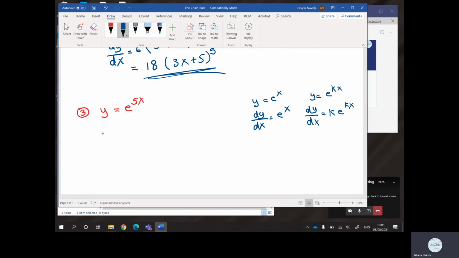So let's try it here. This means dy by dx is equal to k, which is 5, so 5 e to the 5x, k e to the kx.